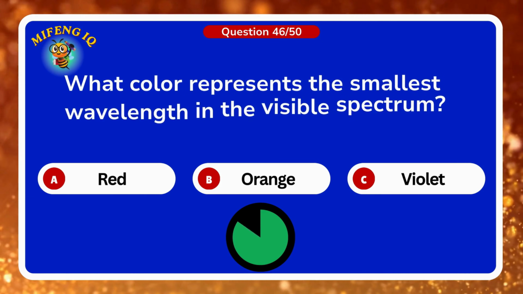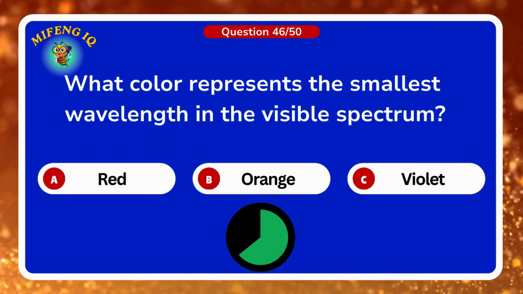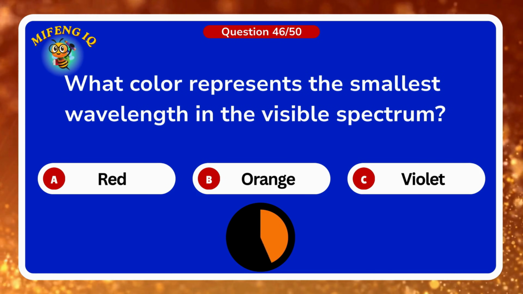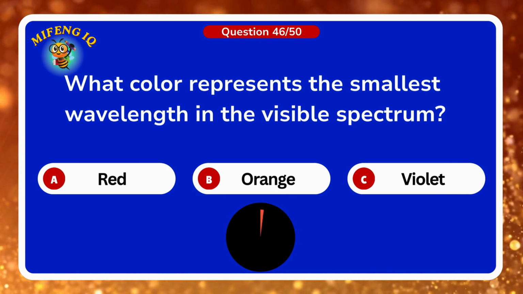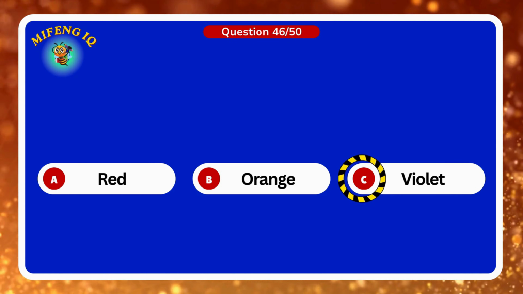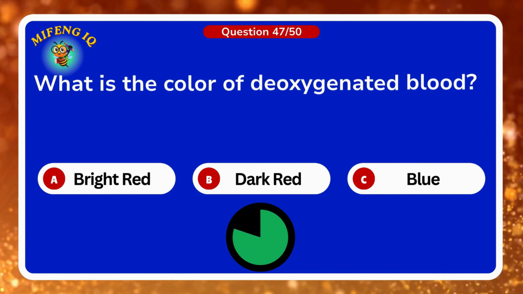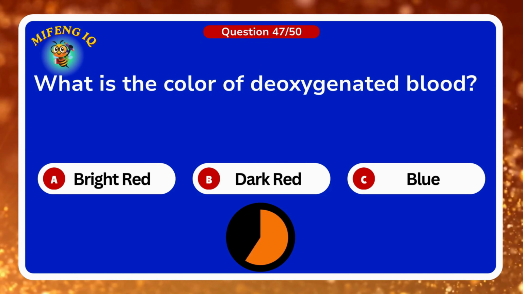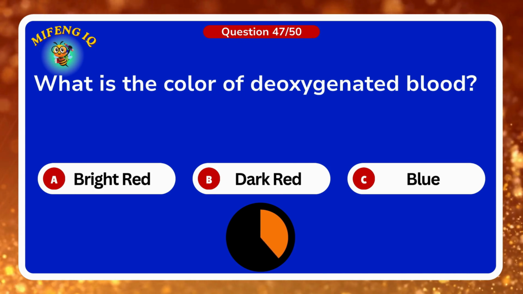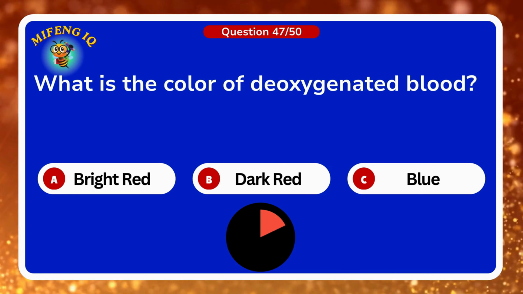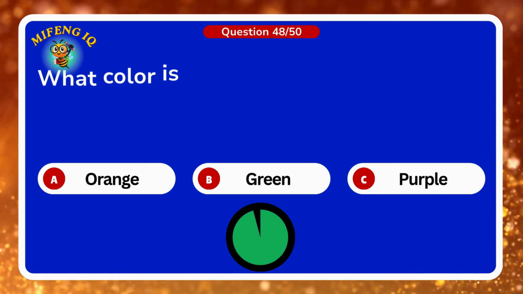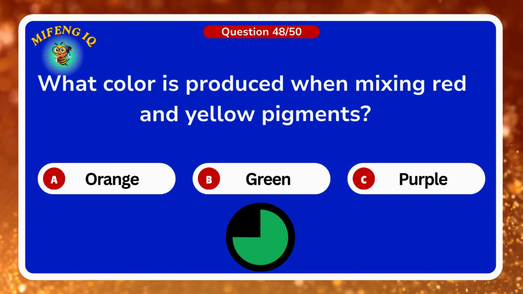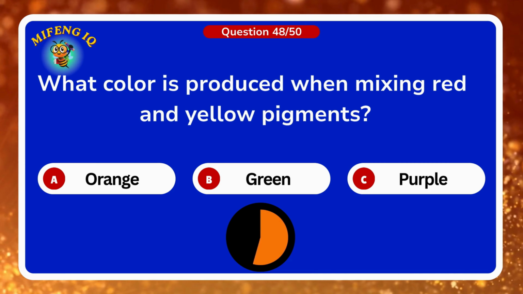What color represents the smallest wavelength in the visible spectrum? Violet. What is the color of deoxygenated blood? Blue. What color is produced when mixing red and yellow pigments?